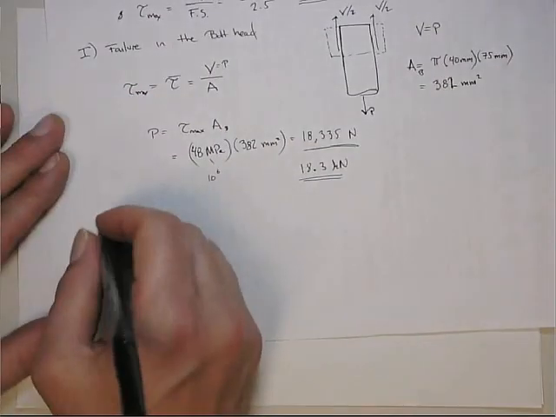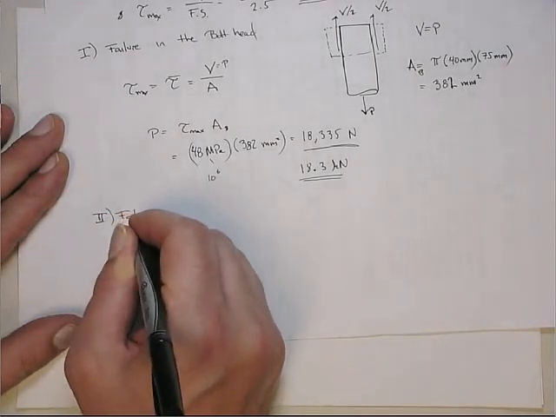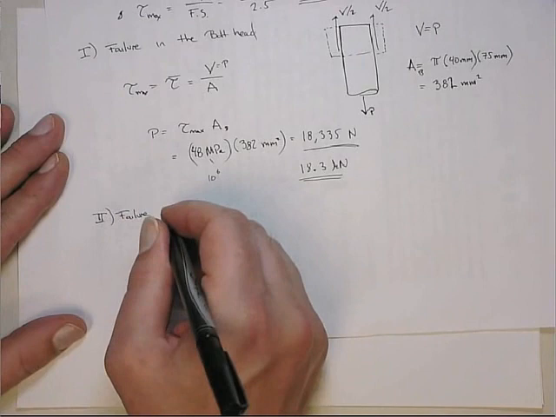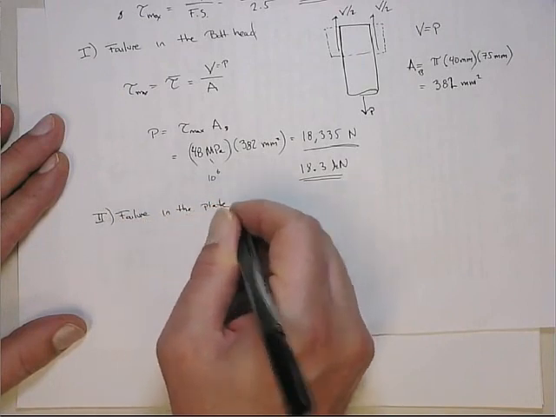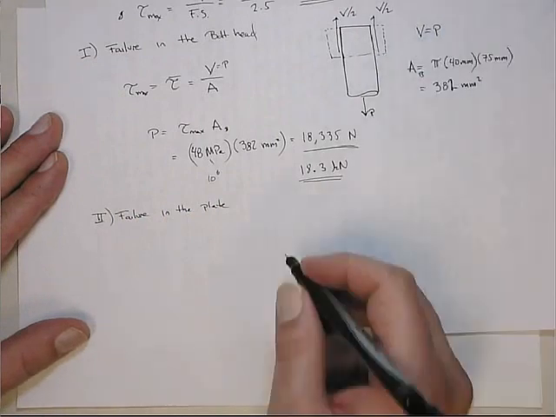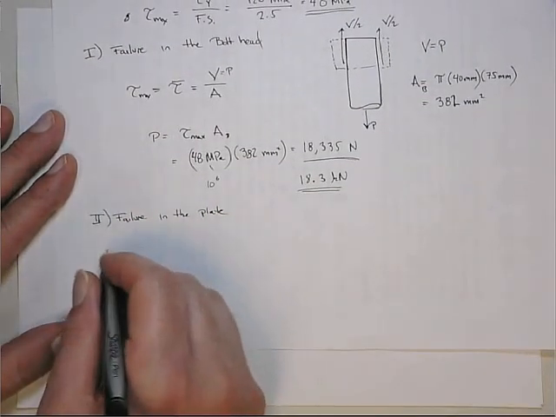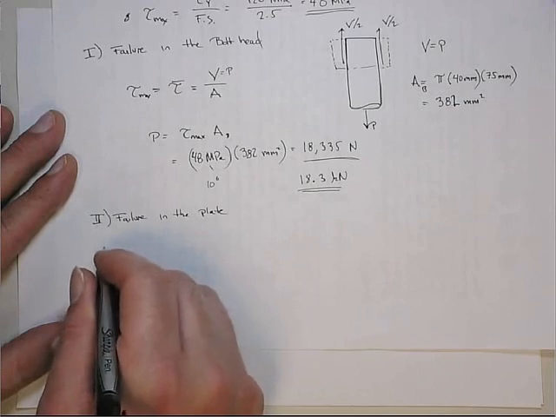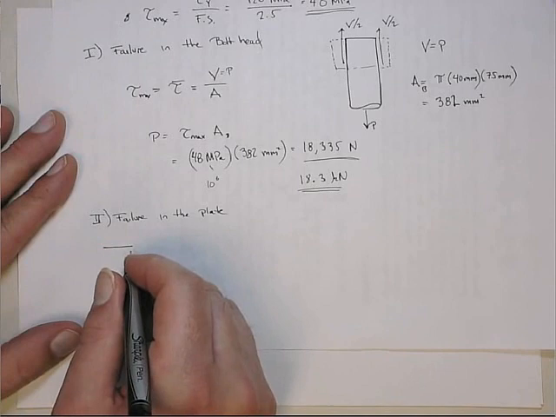Okay, so now we're going to look at case 2. This is going to be shear pullout failure in the supporting plate. So it's the same deal, except the areas are different. If we look at the plate now, let me see if I can draw this a little better.